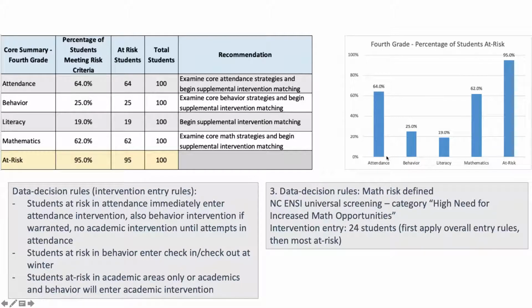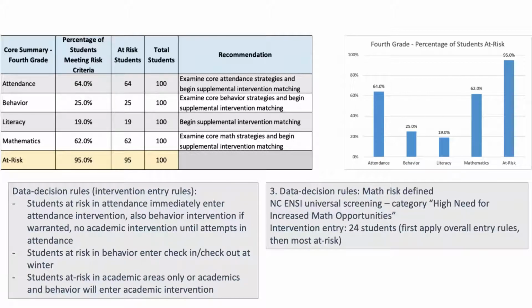We see 64% of students who are at risk in attendance, and we also see 62% of our students at risk in math. When we see a grade level like this with a lot of risk, it's easy to be frozen or scared by the daunting task that we have at hand, which is shoring up core while providing intervention.